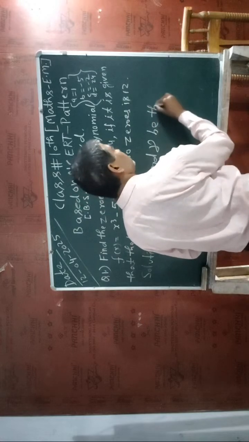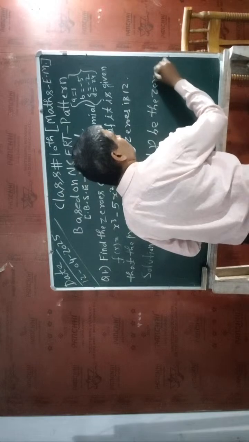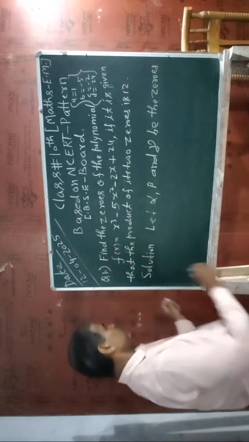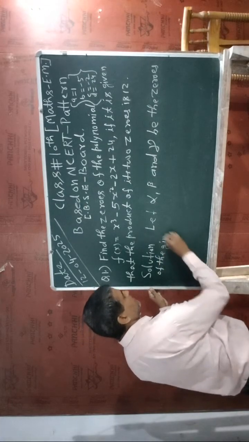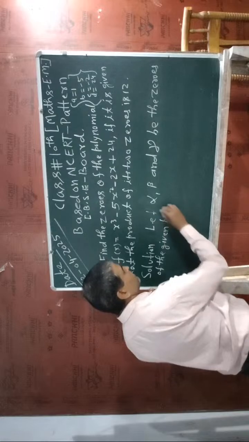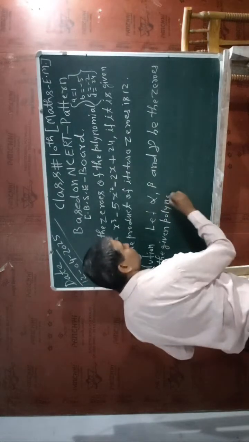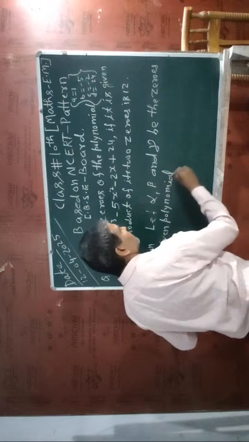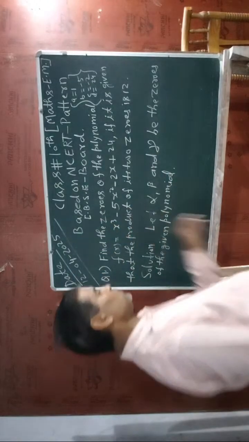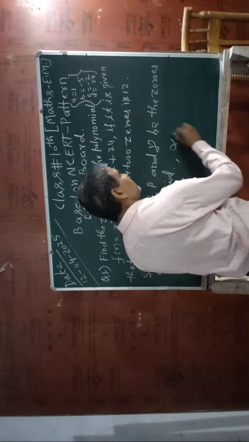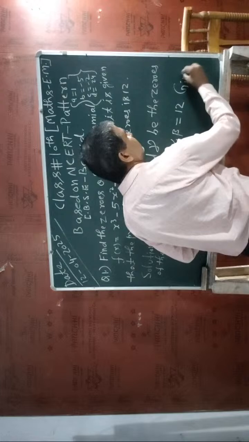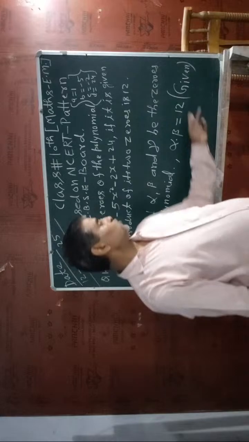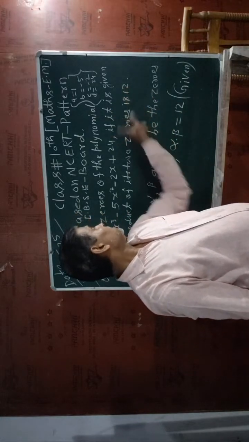It is also given that the product of two roots is 12. That is given; I will write here 'given'. The value of alpha and beta product is also given as 12 in the question.